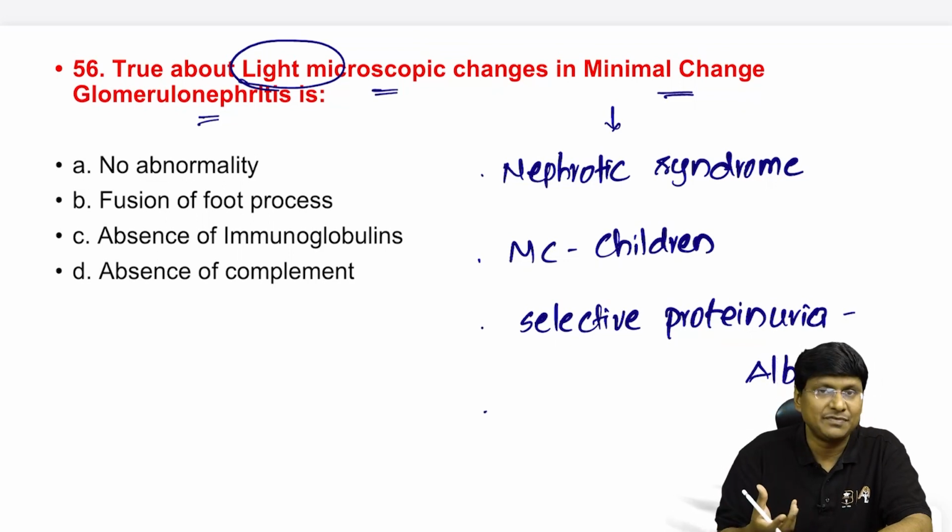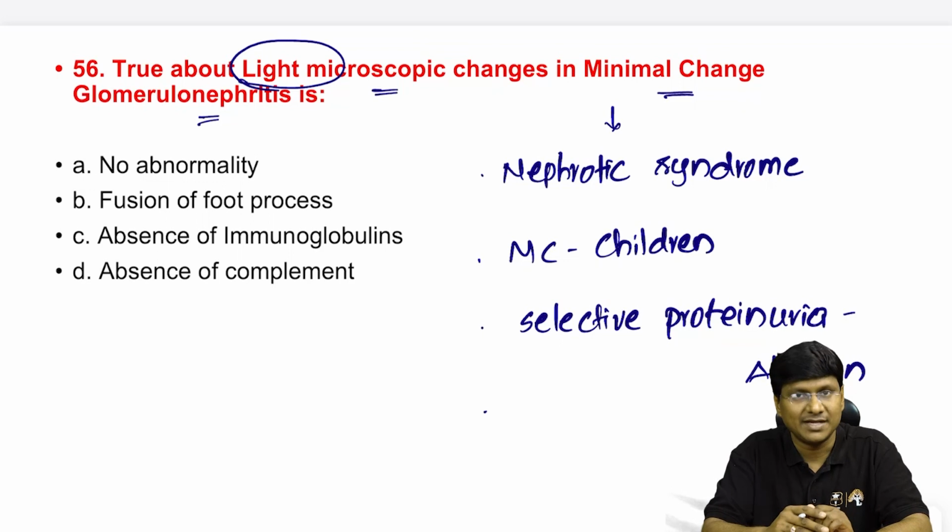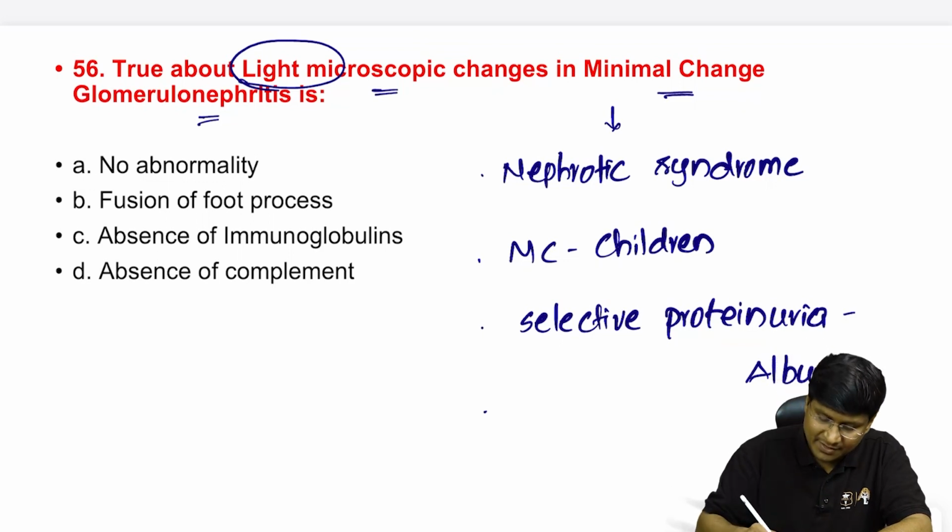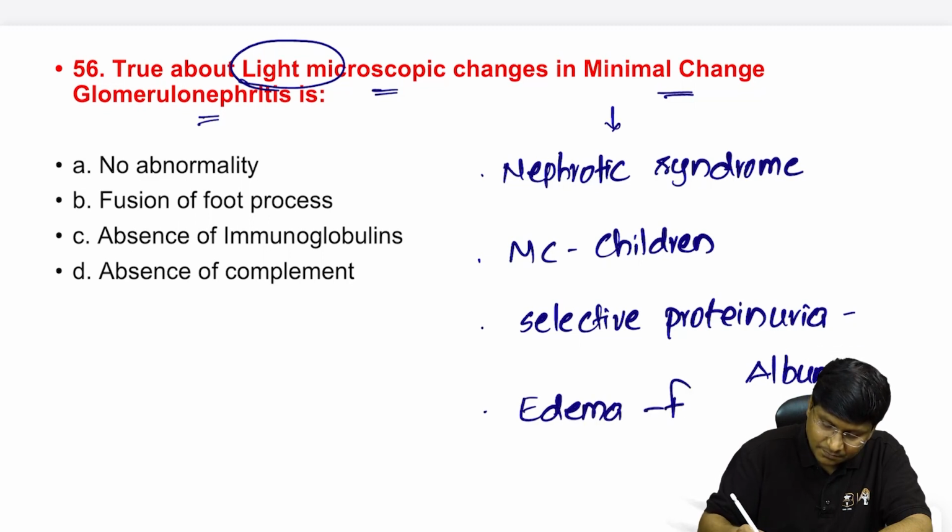Albumin contributes to the oncotic pressure within the vessel. Once the albumin is out, the oncotic pressure is reduced, so fluid from the vascular compartment enters the extravascular compartment. Please remember, whenever these patients get up, they will have edema in the face.